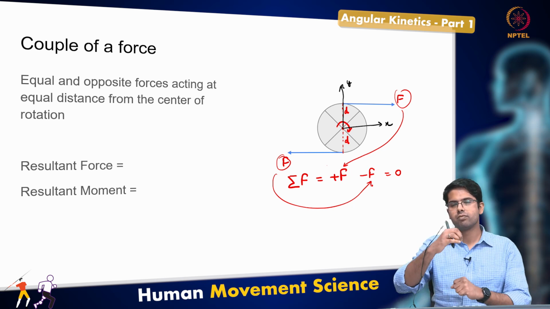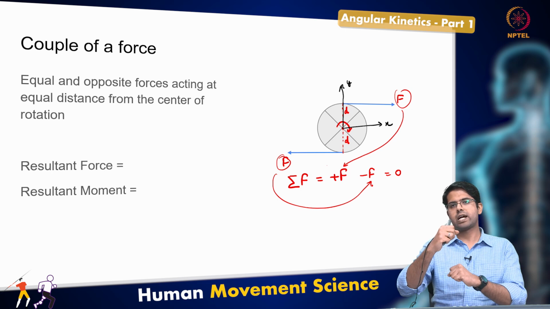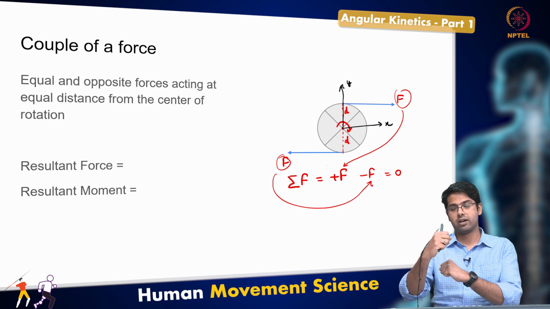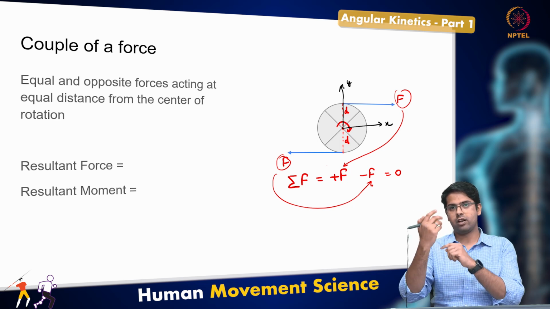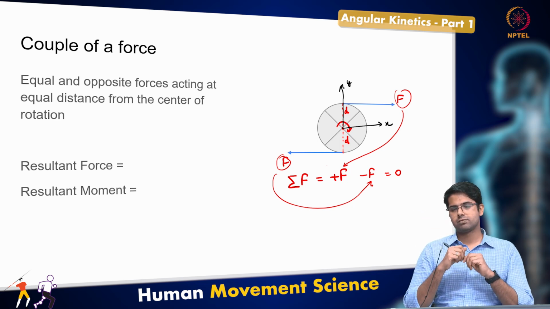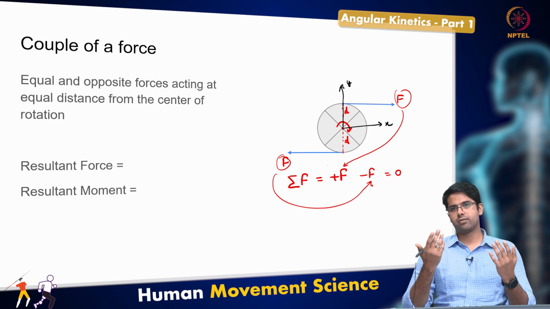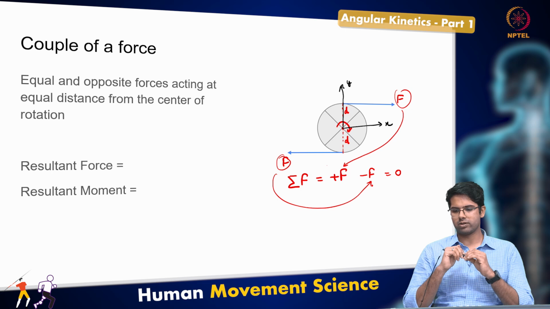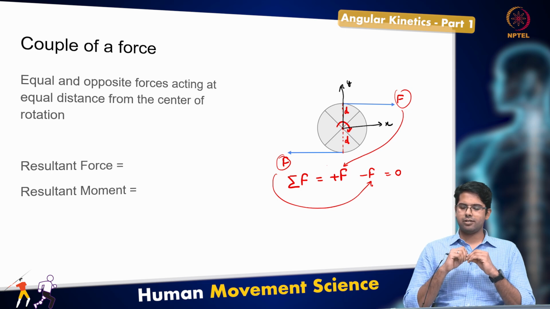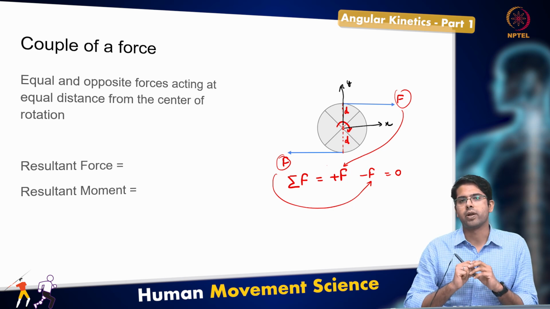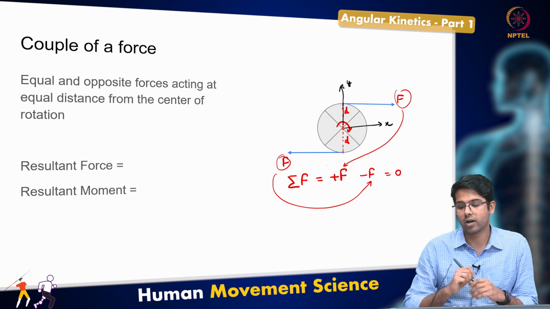But even though the net force acting on this thing is 0, which means it's not going to translate, by Newton's second law, net force acting on the system is 0. But it is free to rotate about this center point. What will happen?